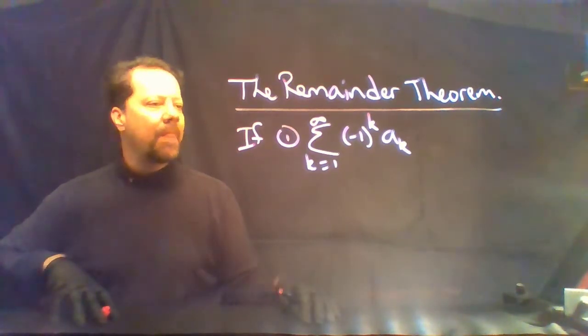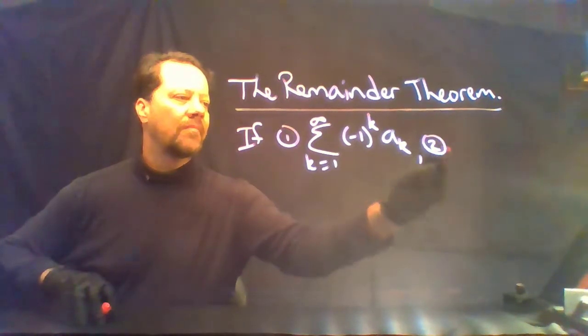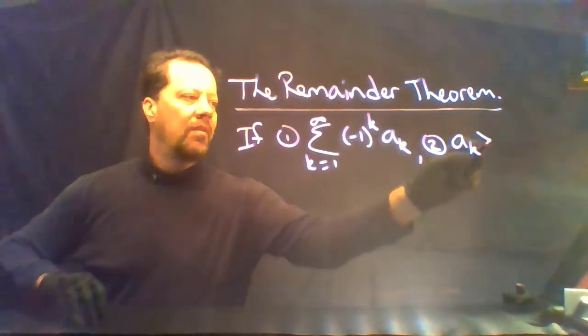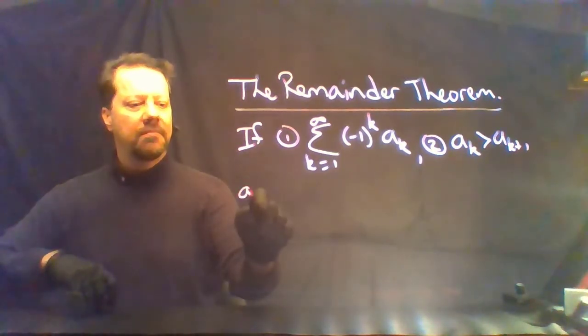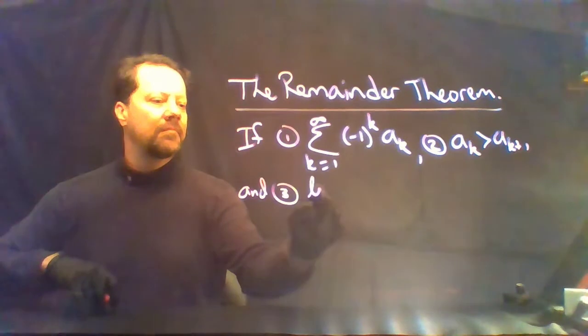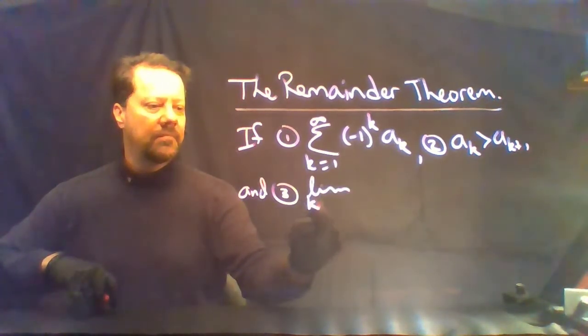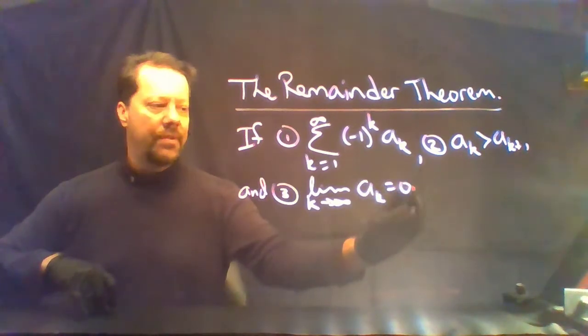So we have an alternating series, terms that monotonically decrease to 0.